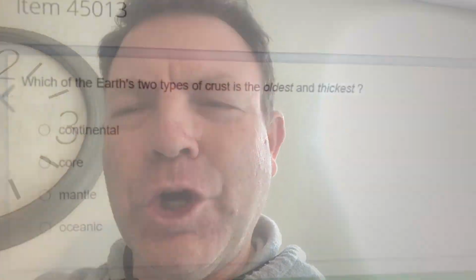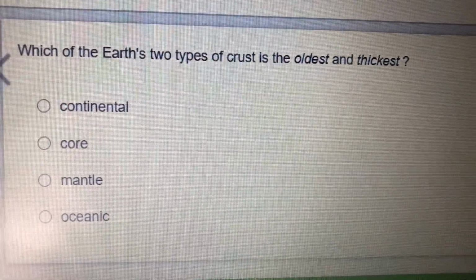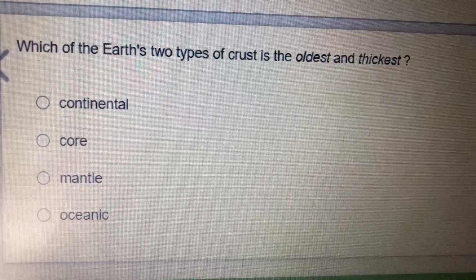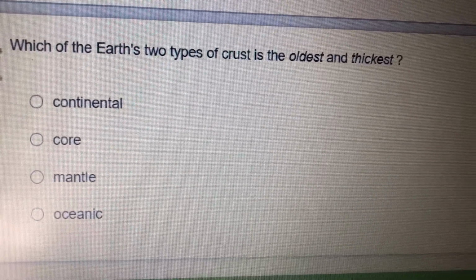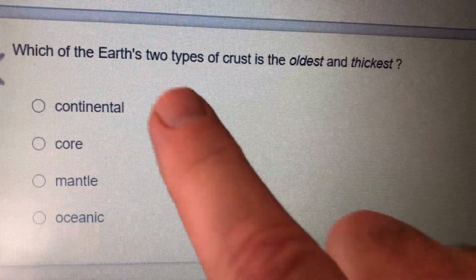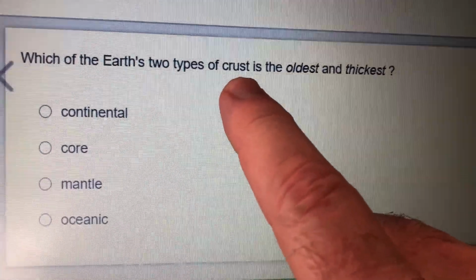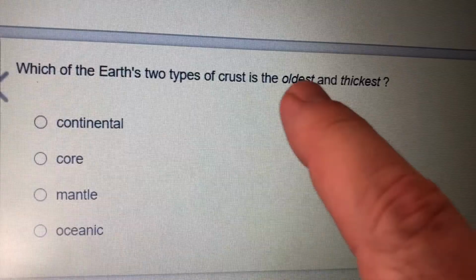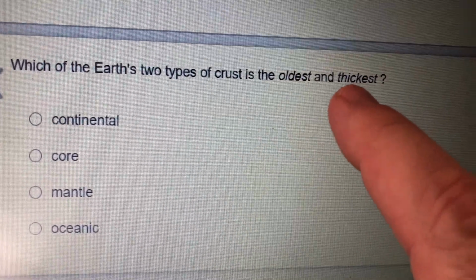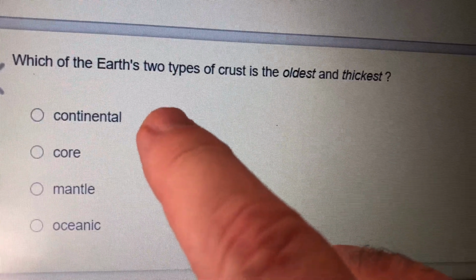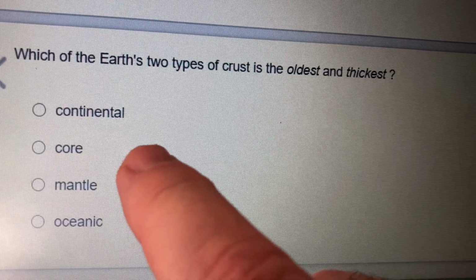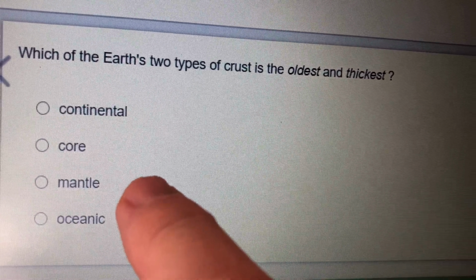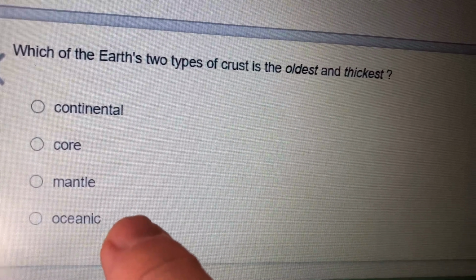How are you doing so far? Did you get both of them right? Good. Now, this question was from the first lesson that we did, the very first one. Which of the earth's two types of crust is the oldest and thickest? Is it the continental crust, the core, the mantle, or oceanic?